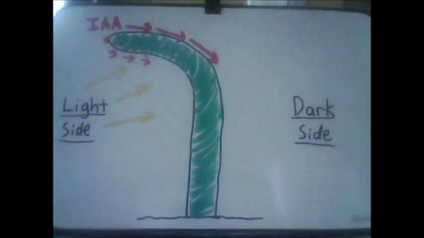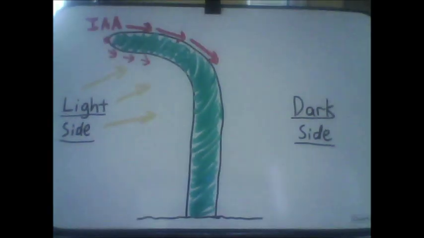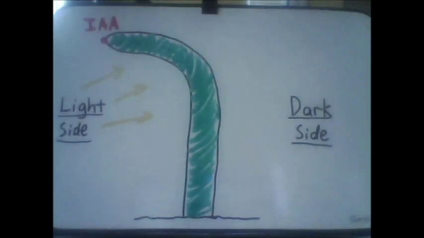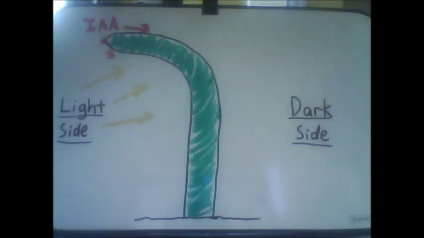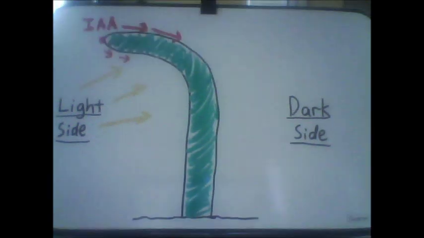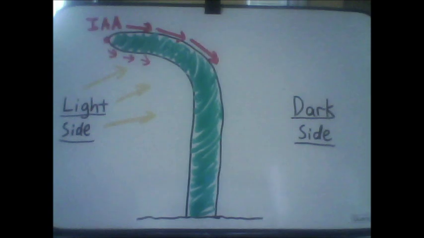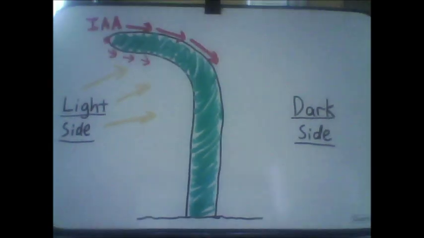You'll notice that on the darker side of the shoot, the arrows are larger, which represents the amount of auxin being released on that side. On the dark side of the plant, much more auxin is being released than on the light side. This is because auxin helps cells elongate on the dark side of the plant.